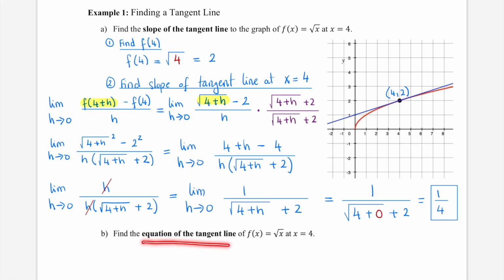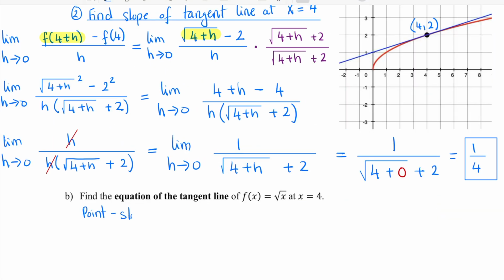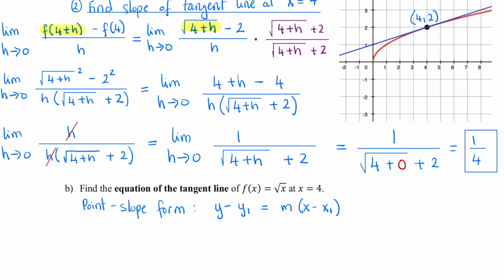Now, let's find the equation of the tangent line. From part A, we already found that the slope of the tangent line is 1/4. We also know the point on the curve when x equals 4, which is (4, 2). Now, we use the point-slope form of the line. The point-slope form of the line is y minus y1 equals m times x minus x1. m is the slope of the line, which is 1/4. (x1, y1) is a point on the line.